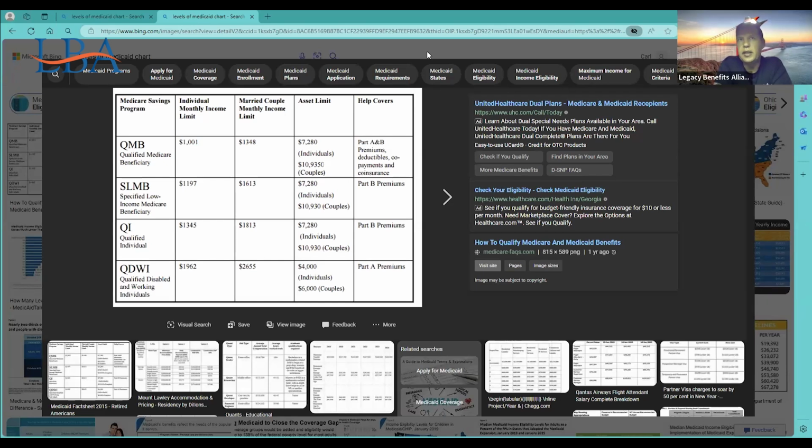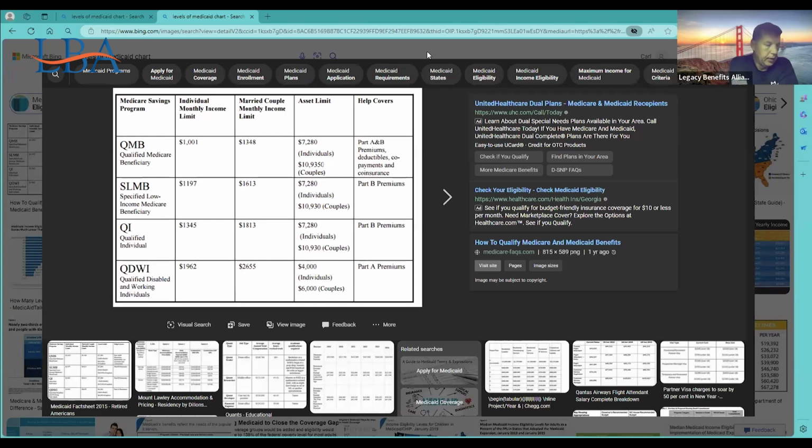Now, I mentioned Florida because Florida also has about 8, maybe 9, maybe 10 other things that you can apply for, like SNAP and food stamps and all kinds of stuff, right? So, as an agent, the one that is most important to me is the Medicare Savings Program.